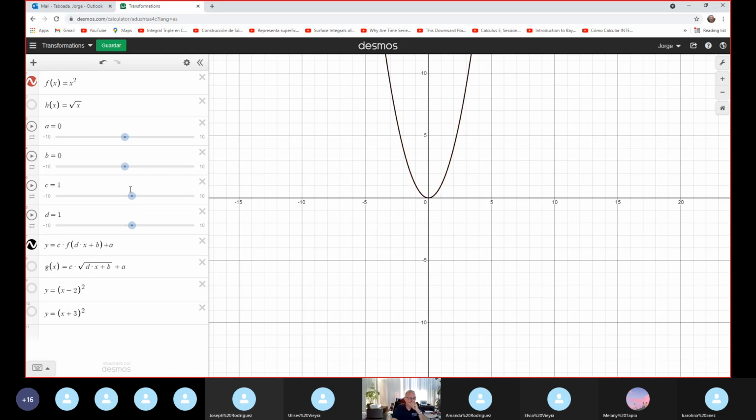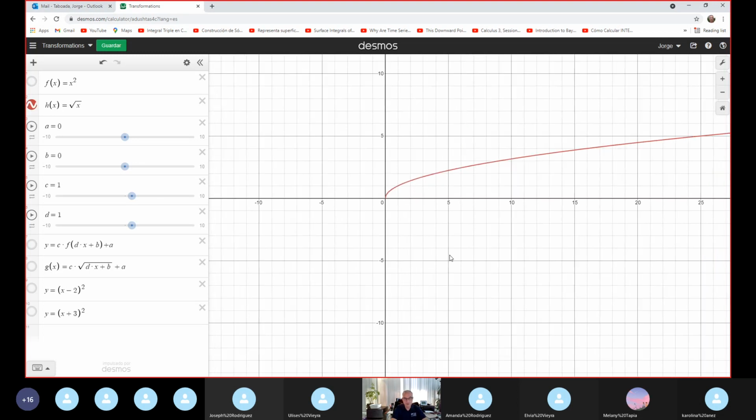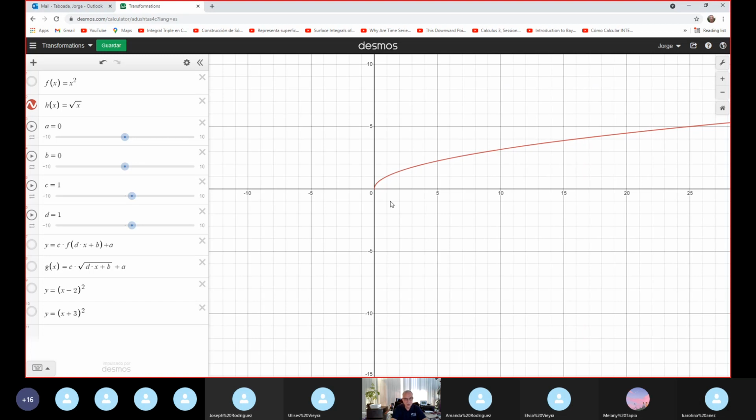And I'm switching to the square root function. Boom. This is my famous square root function. By the way, the domain is positive numbers. We have no function in the third quadrant or the second quadrant. And thus I want to focus my attention on the transformation. You see how the original is the red one, and now I turn to the black color because they are a perfect coincidence, because we have no transformation.